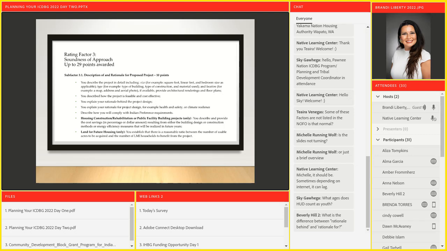Unless maybe you're doing tiny homes, which is kind of a dream of mine too. But you want to make sure that you have that assessment, like from an architect and engineering team, that can help ensure that you have enough land to put the number of houses and units on there that you want, of the people you want to serve.